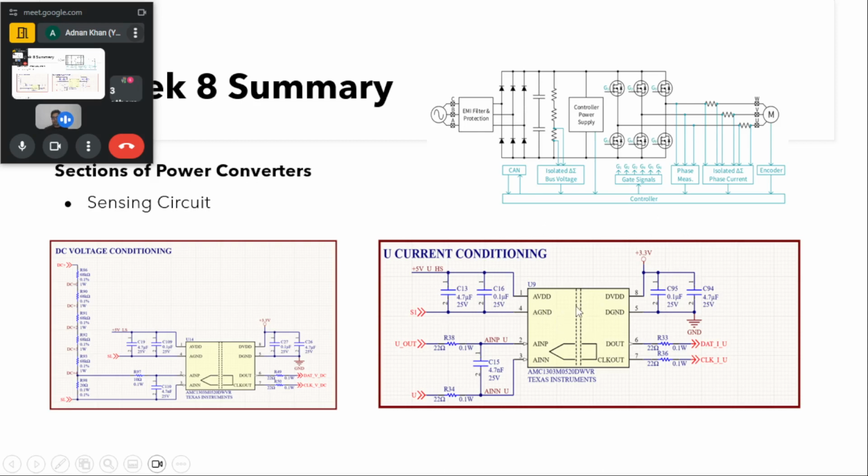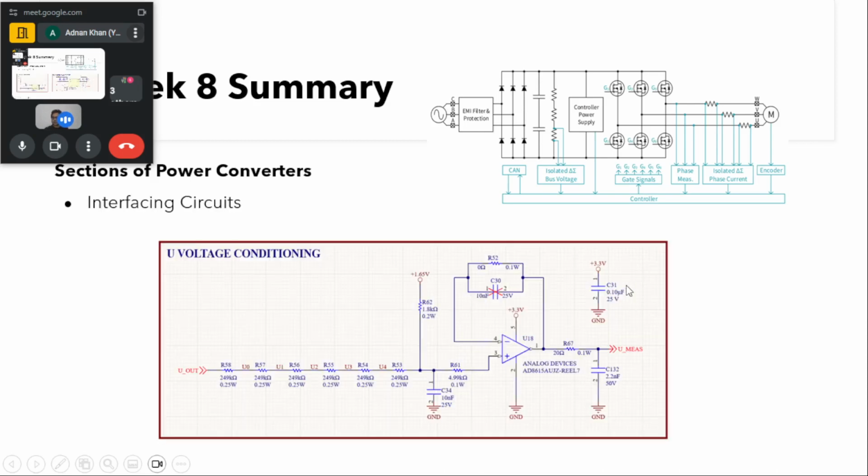Also, if there is some noise on the power side, this isolation helps in the noise not getting propagated towards our signal side, and likewise if there is some fault on the power side, that should not damage our sensing, or the signal side, or the microcontroller for that matter. So this was about the sensing circuit.